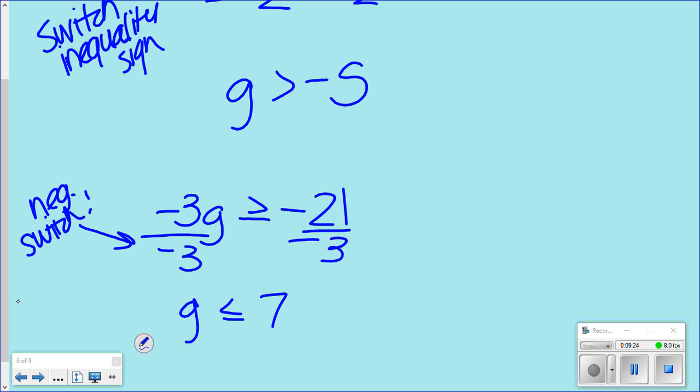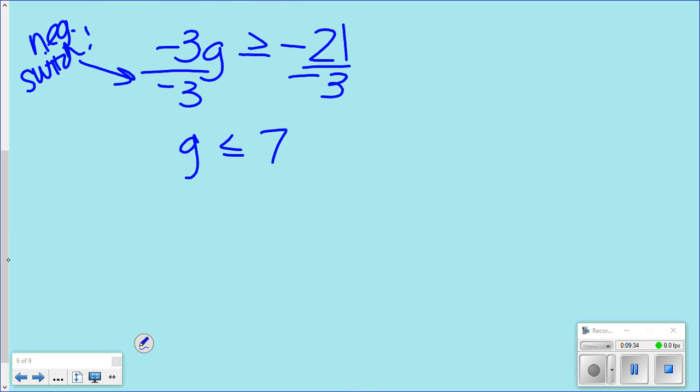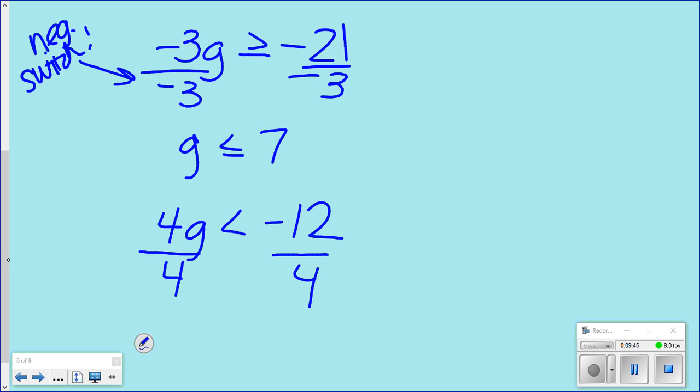Let me show you a time where you don't switch it. Has everybody got this on their paper? Okay. I have 4g is less than negative 12. And divide by 4, divide by 4. I do not switch on this one. Why not? What has to be negative for me to switch it?